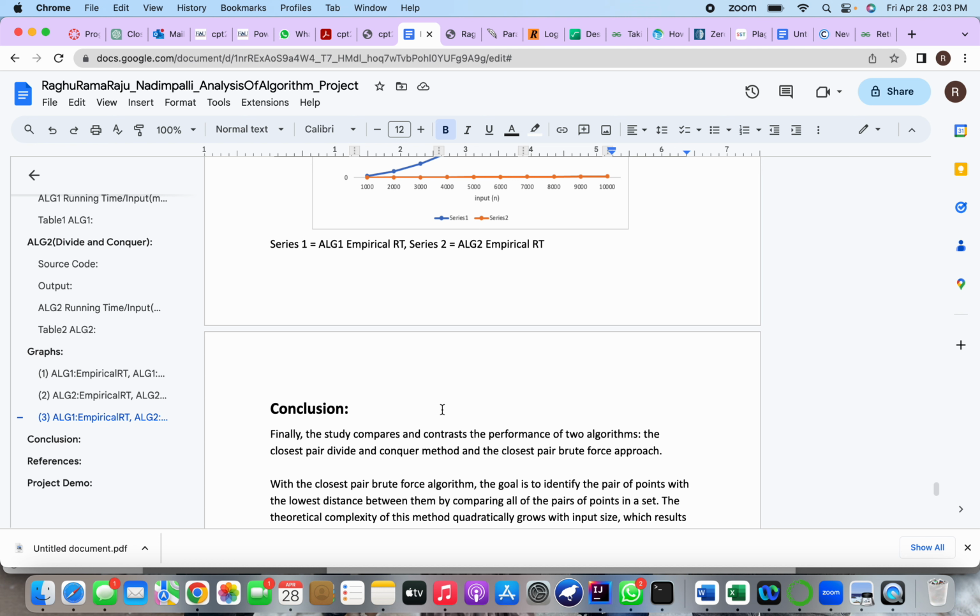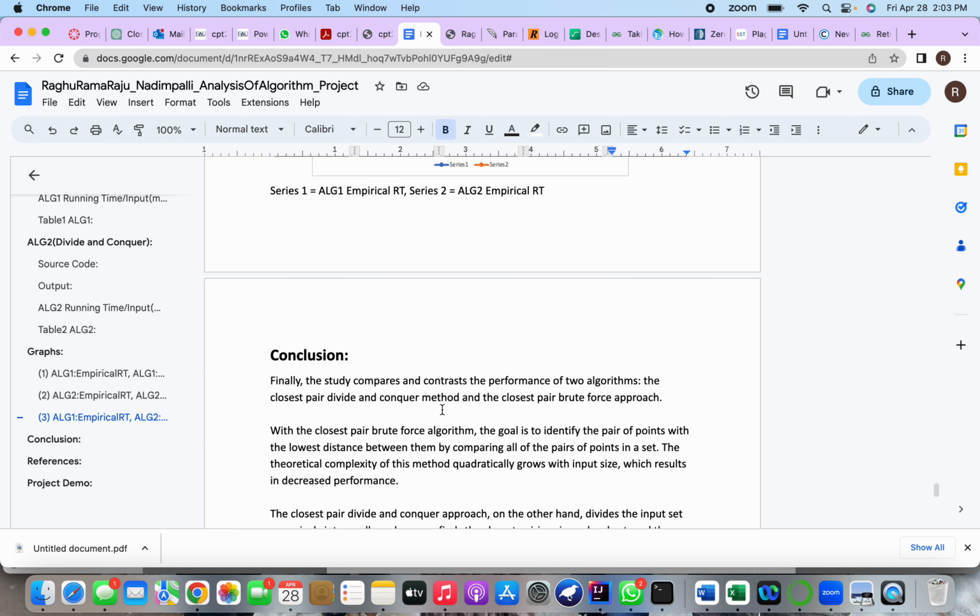So in summary, the closest pair problem involves finding the pair of points in a set of n points in a two-dimensional space with the least distance between them. The problem is important in various applications such as mappings, robotics, and image processing. There are two main algorithms for solving this: brute force and divide and conquer.